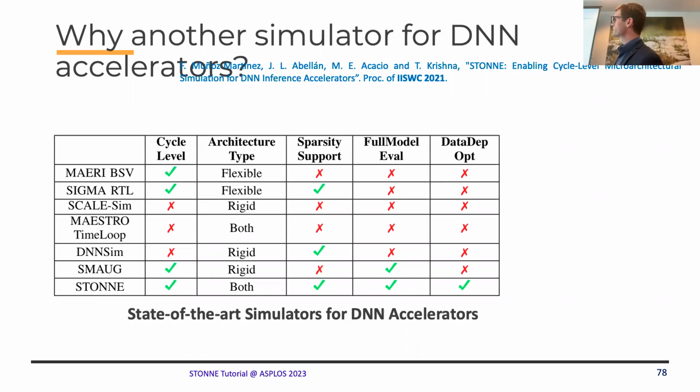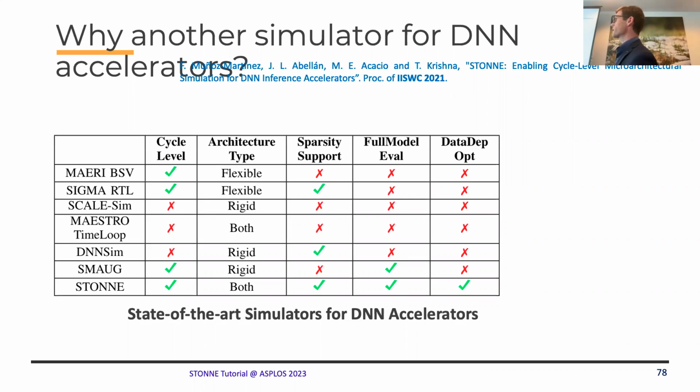We appreciate different categories: whether the simulators are cycle level or not, the type of accelerators they can model, flexible or rigid, which I explained in the previous part of the tutorial, and whether they support sparsity in the execution. Also whether they can execute full models: if you have an unmodified DNN model with 1,000 layers, you can fetch layers one by one, then accelerate, execute and simulate that.